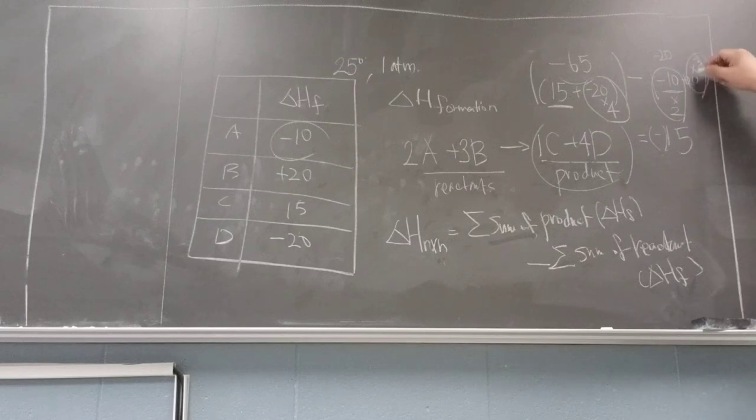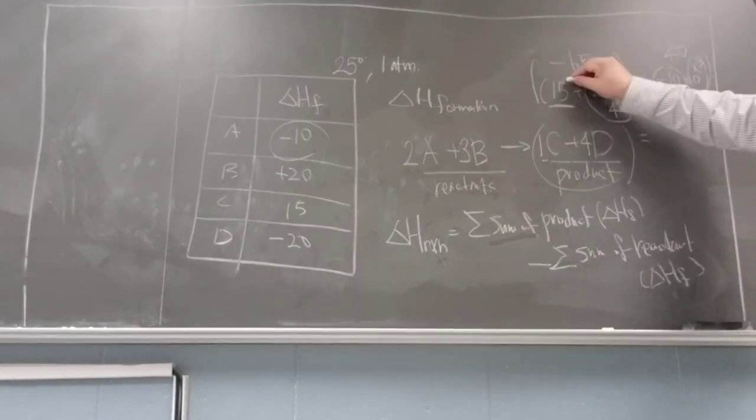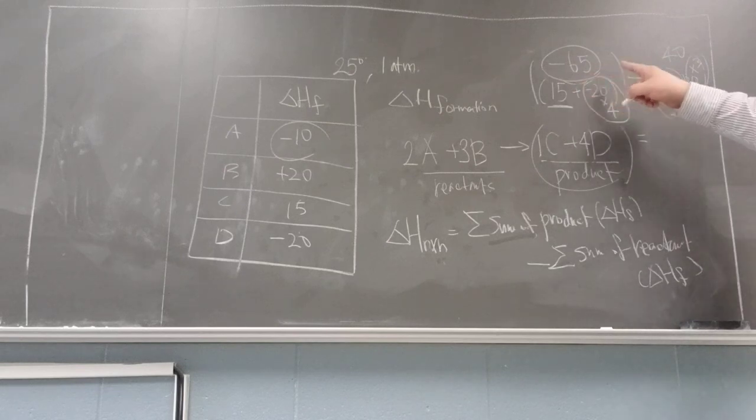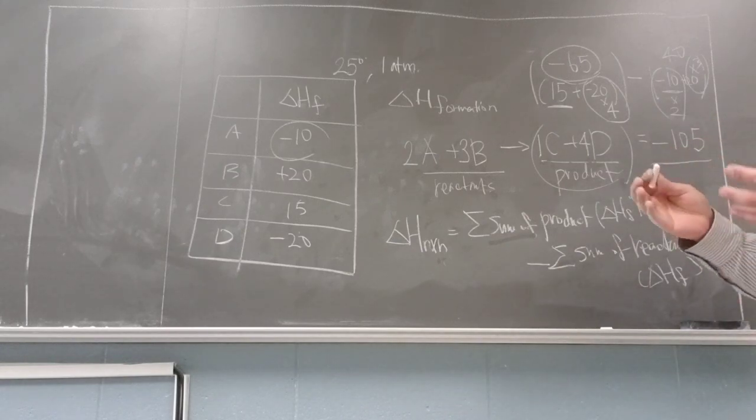So this will become 60. Okay. So negative 20 plus 60 is what? 40. Okay, right? 40. So in this case, you have a negative 65 minus 40. So that will become negative 105.